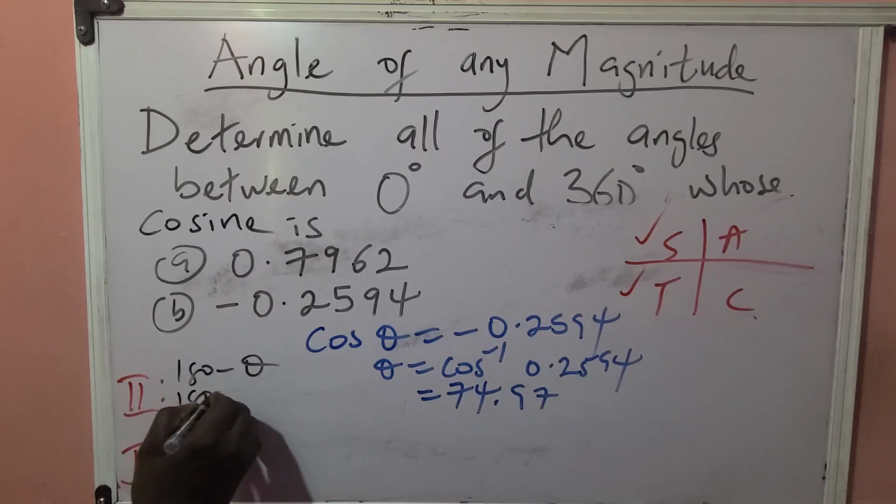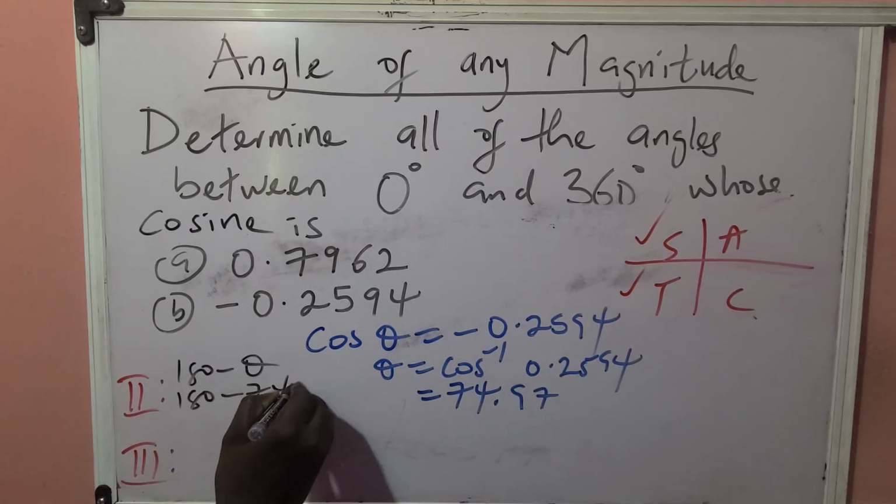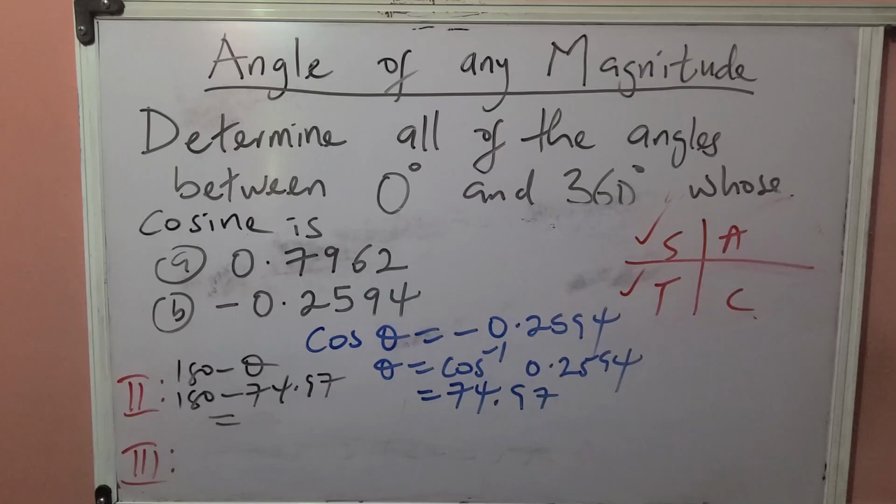So we're having 180 minus 74.97. And if you press this on your calculator, you will be having 105.03 degrees. Now, that's for quadrant 2. For quadrant 3, we have theta plus 180 as the rule that happens in quadrant 3.